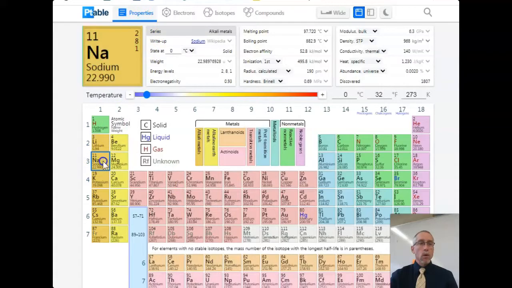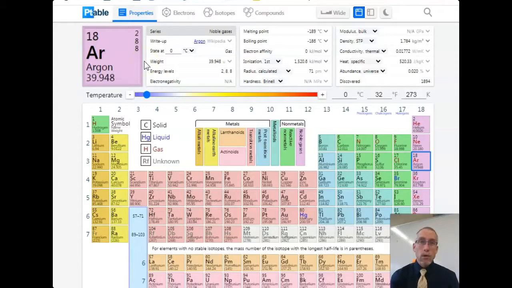So starting here with Na or sodium, you see how it has 2, 8, 1, that's 3 digits. Magnesium is 2, 8, 2. Over here, aluminum, 2, 8, 3, 2, 8, 4, and all the way over to argon, 2, 8, 8. Every one of those elements has 3 numbers, which means it has 3 energy levels in which electrons are located.